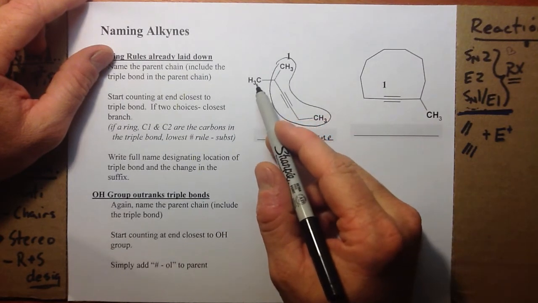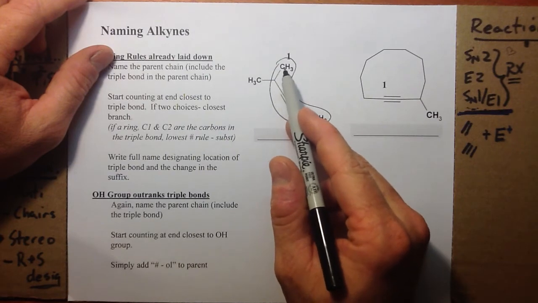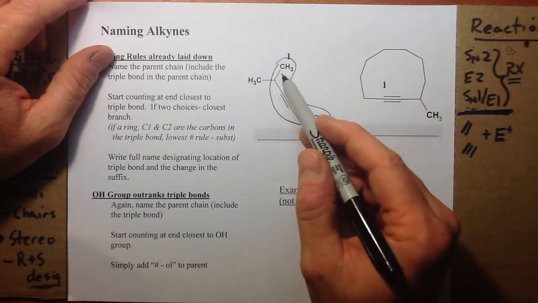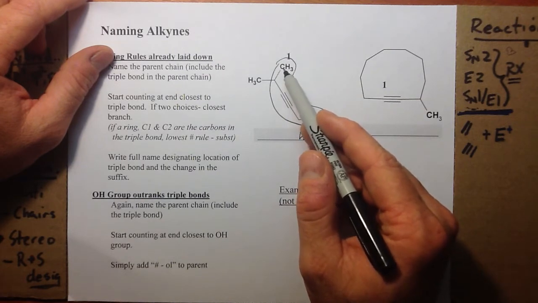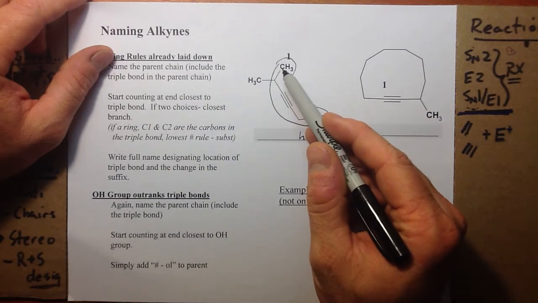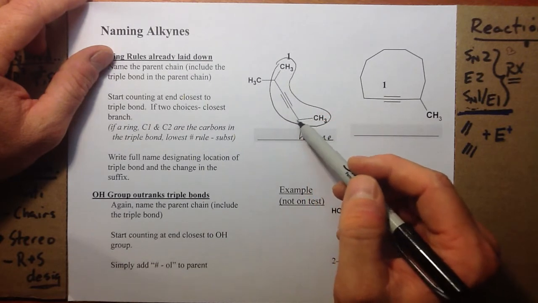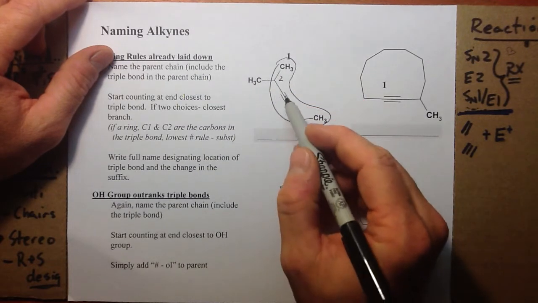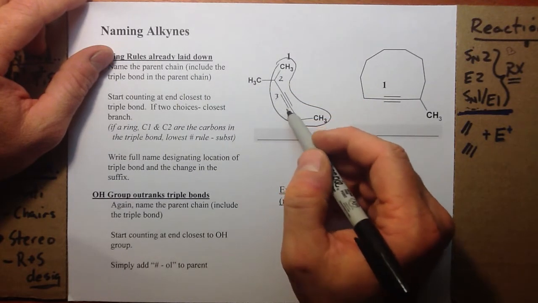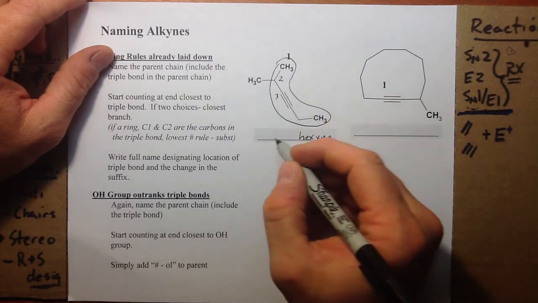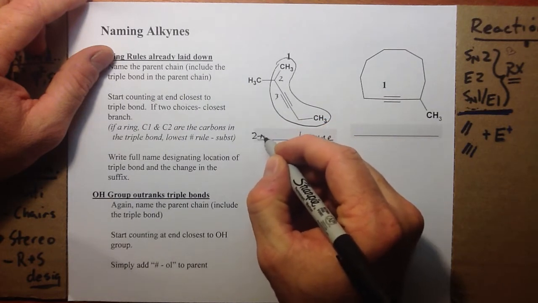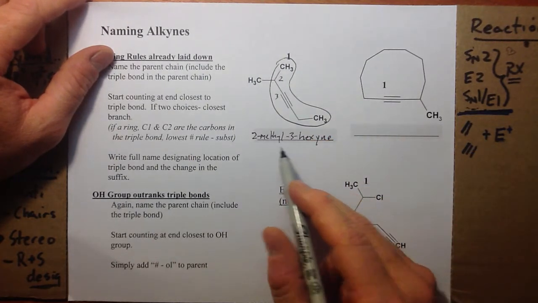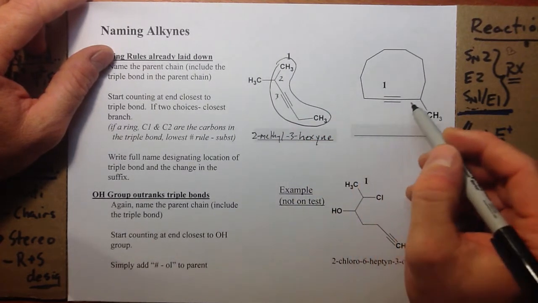We have a group at the second carbon in from this end, which doesn't have anything off of it, so the numbering for this parent hexyne starts here: 1, 2, 3, 4, 5, 6. So we have a 2-methyl off the 2 carbon, and a 3 position for the alkyne. 2-methyl-3-hexyne would be the name of this.